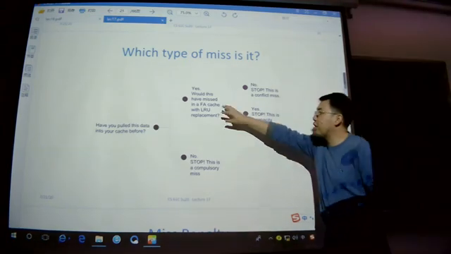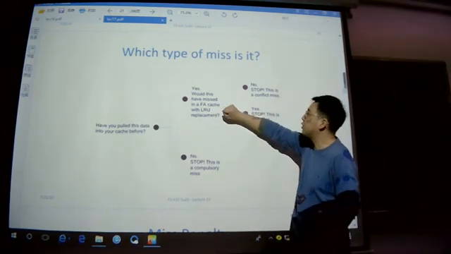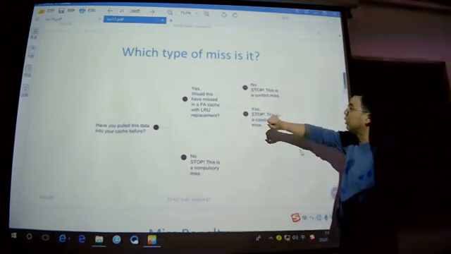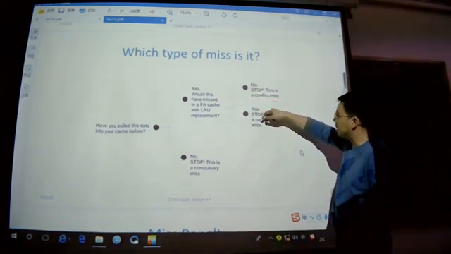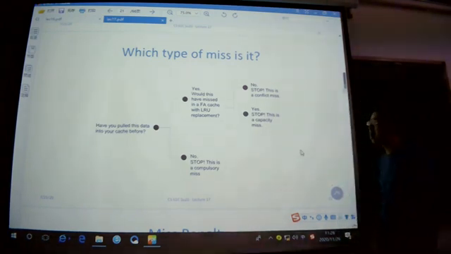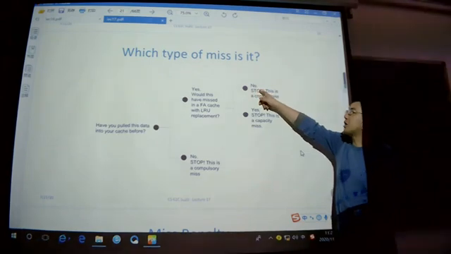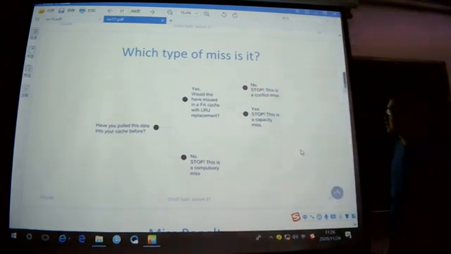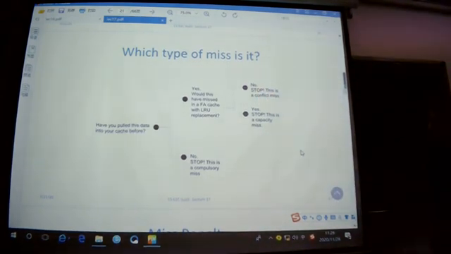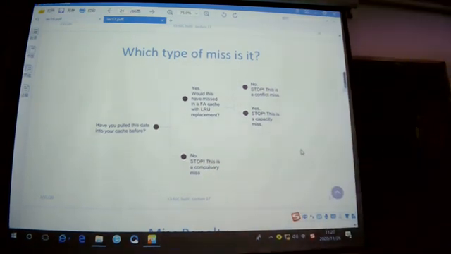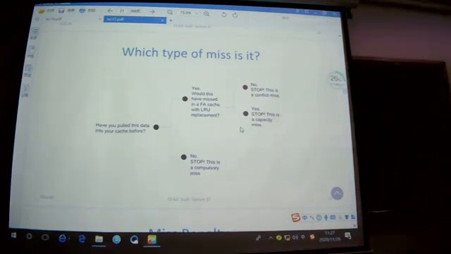Another question, and the answer is yes or no. If yes, this is a capacity miss. If the answer is no, this is a conflict miss. So conflict, capacity, and compulsory are the three answers.